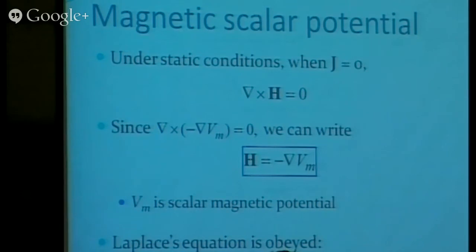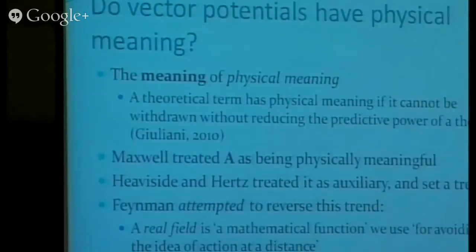So whether it is electric vector potential, magnetic vector potential, electric scalar potential or magnetic scalar potential, it is a derivative, because whether it is gradient or curl or divergence, it's all derivative. This derivative gives fields. And of course, in this case, the Laplace equation, Laplacian of Vm equal to 0, is obeyed just as in the case of electrostatic fields.